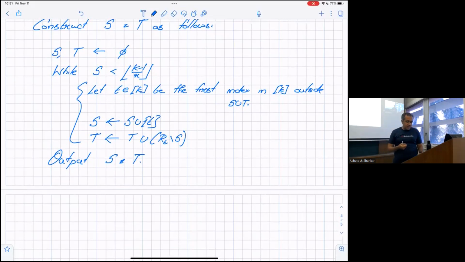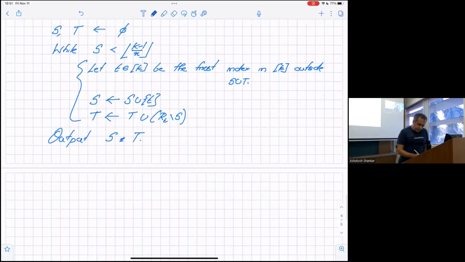So for that, we notice that for any R_i, you do the same argument. What is the size of R_i intersection K? How large can it be?